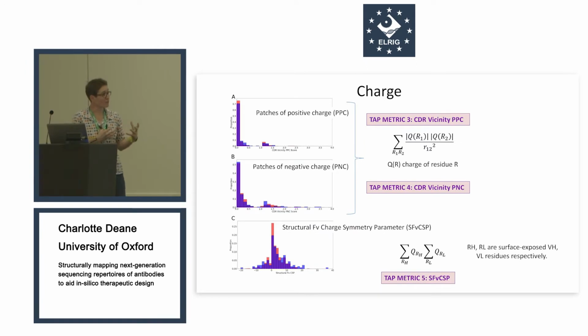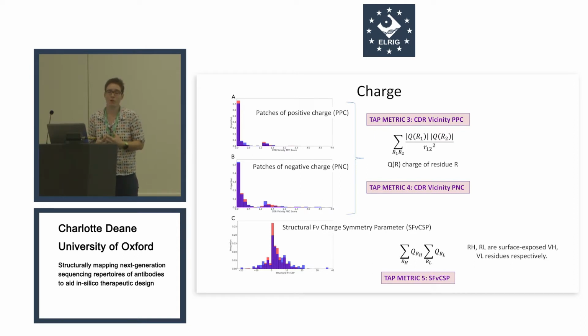The next set of metrics, the next 3, all relate to charge. So the first 2 of these are kind of the reverse of the hydrophobicity: one for looking at patches of positive charge and one looking for patches of negative charge. So once again, if you have large clumps of charge on the external of your molecule, you can have complex effects there. And then finally, there's the structural FV charge symmetry parameter.